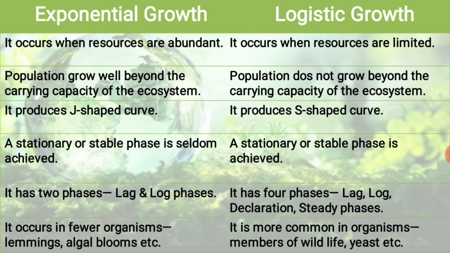Exponential growth has mainly two phases, lag and log phase, but logistic growth has mainly four phases: lag phase, log phase, deceleration phase, and steady state. Exponential growth can be seen in fewer organisms like lemmings, algal blooms, etc. But logistic growth is more common, like in members of wildlife, yeast, which is a microscopic fungus, etc.